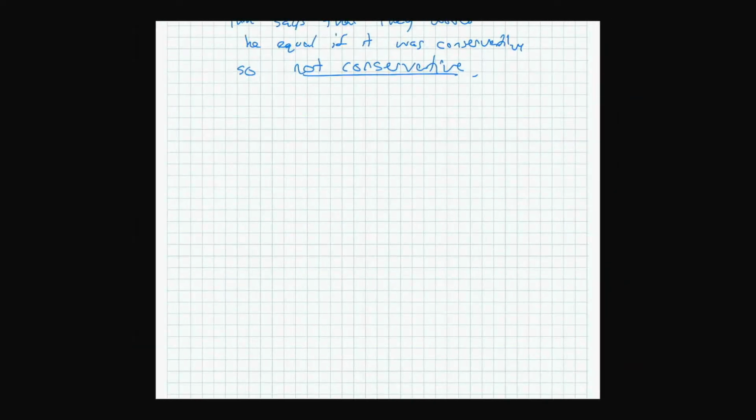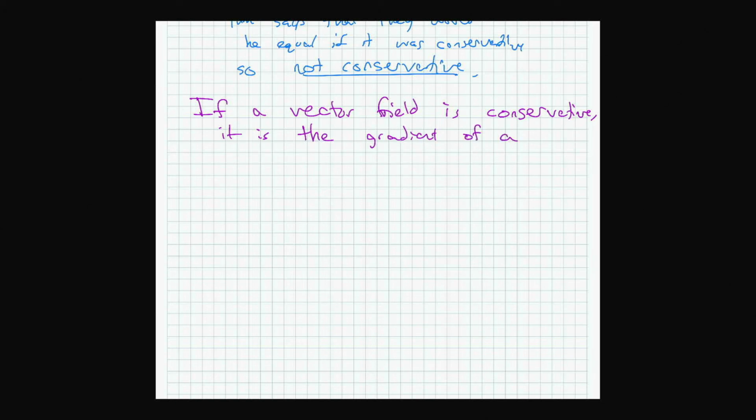So let us do it. If a vector field is conservative, it is the gradient of a function, right? That's the definition. Call it little f. There is a way to work backwards and find the little f.